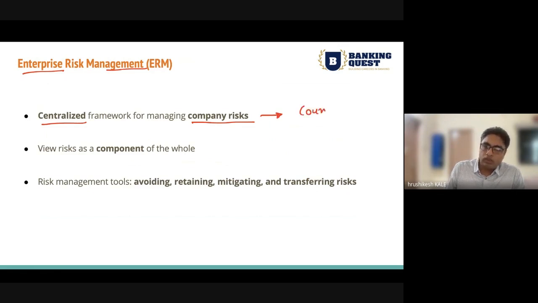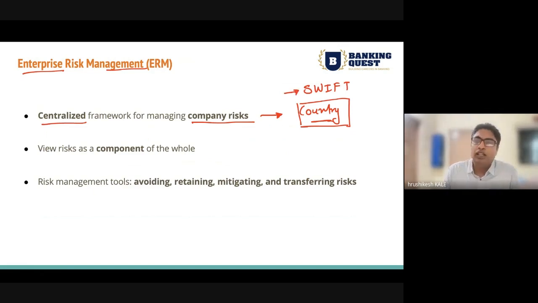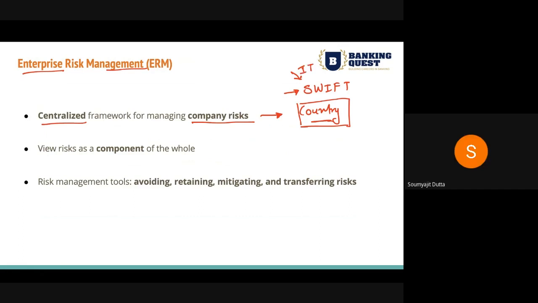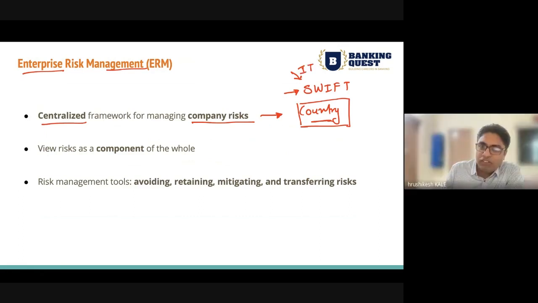countries' risk. So now even countries are trying to do country-level risk management, especially after the Bangladesh SWIFT transaction. Have you heard about this? SWIFT is a foreign currency related trade transaction system, but there was a hacking attempt on the Bangladesh Central Bank for almost $1 billion.